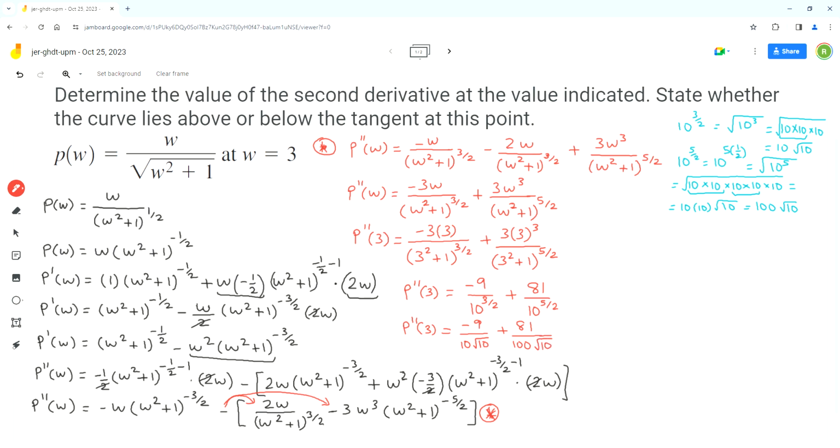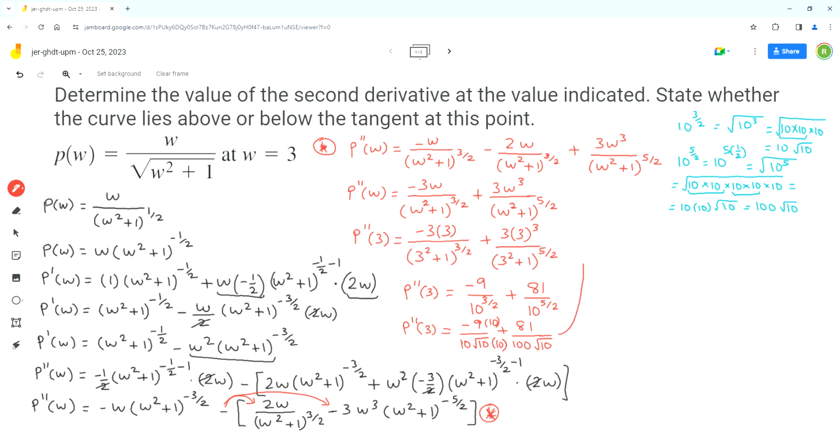Now we can find a common denominator to combine the fractions. So the common denominator here will be 100 square root 10. To get that common denominator, we should multiply the first fraction in the numerator and the denominator by 10.